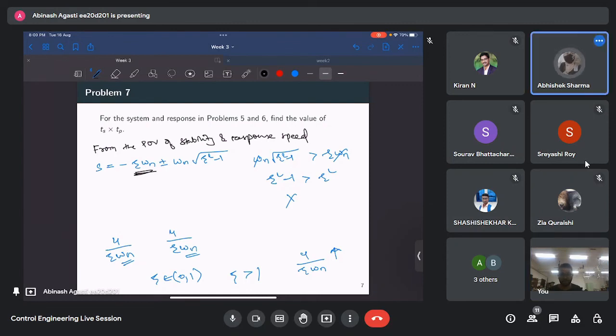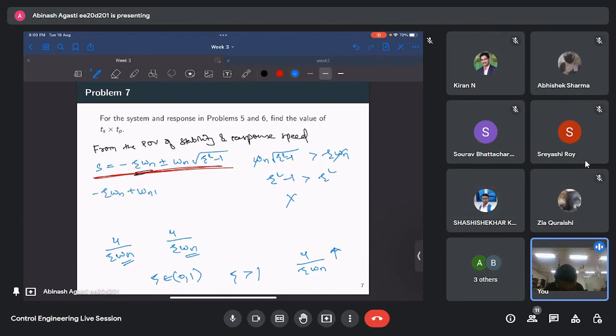Sir, no sir. Overdamp और underdamp के लिए system कैसे stable है? So see, okay, for overdamped system, you know that the roots are minus zeta omega n plus minus omega n root zeta square minus 1, correct? Yes. तो मतलब कि एक रूट है माइनस जीटा ओमेगा एन प्लस ओमेगा एन रूट जीटा स्क्वायर माइनस 1, और एक रूट है माइनस जीटा ओमेगा एन माइनस ओमेगा एन रूट जीटा स्क्वायर माइनस 1.